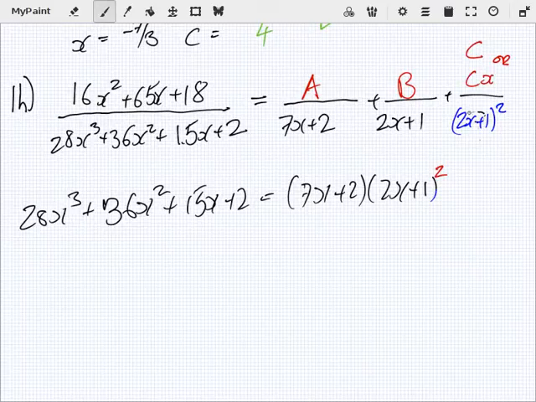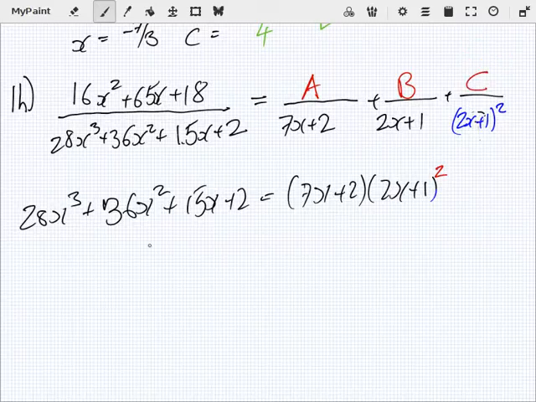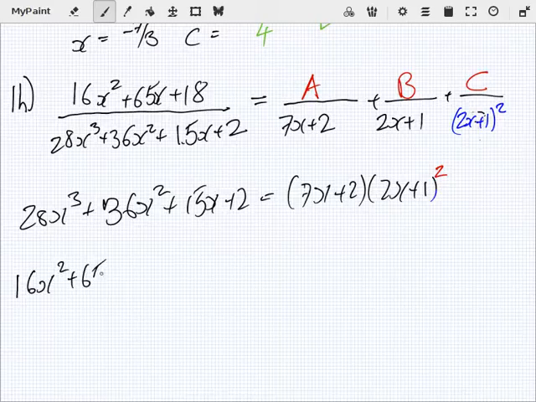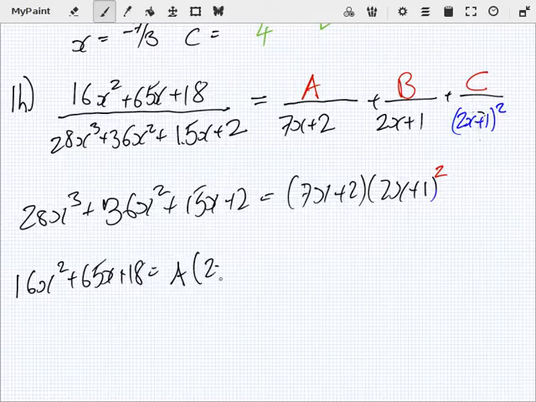It doesn't really matter which one you use. So in this case, we'll use C. Then when we multiply across, we're left with 16x squared plus 65x plus 18 equals A times what? 2x plus 1 squared.